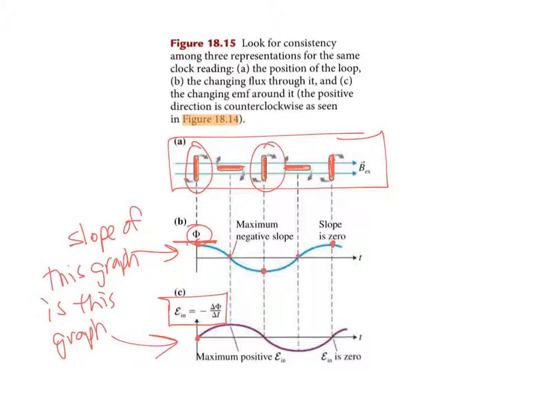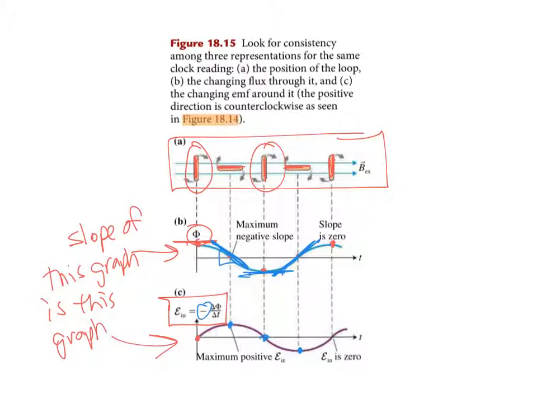At the location of maximum negative slope, which is right here, you have maximum positive EMF. So a negative slope, because of the negative sign right here, equals a maximum positive EMF. Down here where the slope is 0, we're back to a 0 EMF. Where you have a maximum positive slope right here, you have a maximum negative EMF.